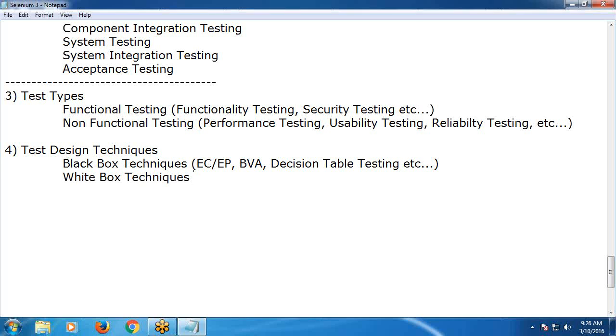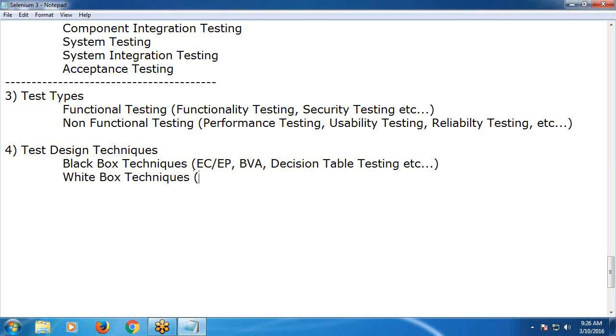Preeti, are you following? Observe these 3 points. Exhaustive testing: testing with all possible inputs and preconditions. Next point, exhaustive testing is impractical. Next point, in order to reduce the input domain, we use test design techniques.